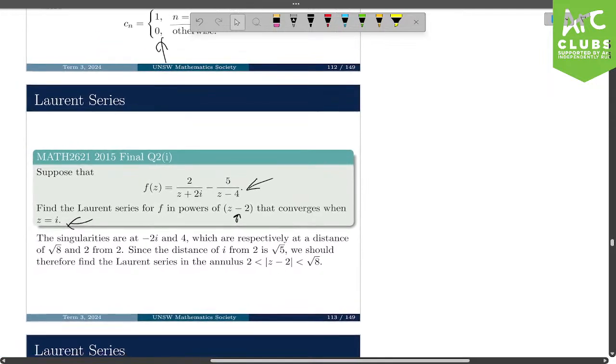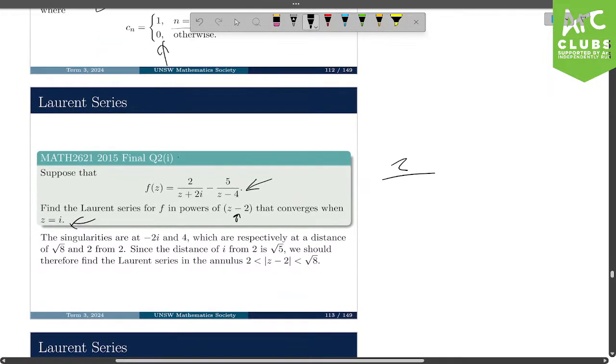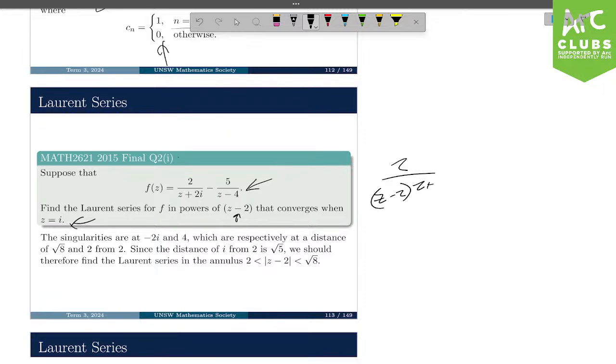So we already know we're going to be expressing it as 2 over z minus 2 outside of plus 2i minus 5 on z minus 2 minus 2. Great. Now, typically, we normalize these.